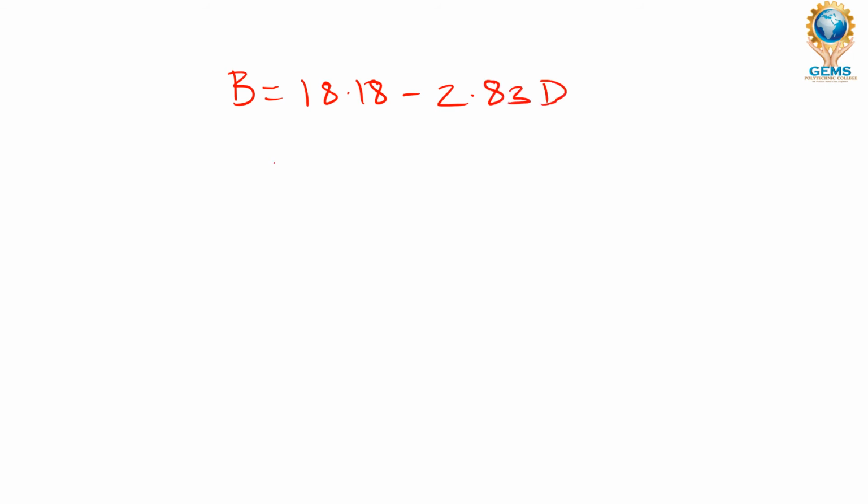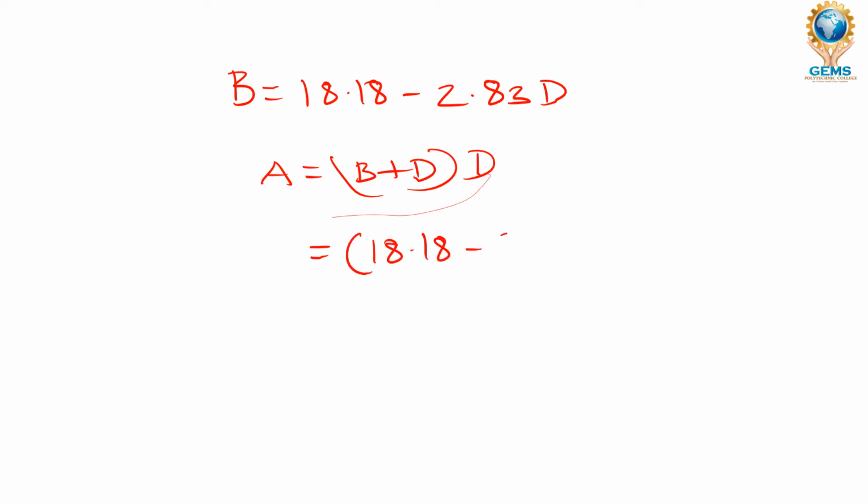Then you know what the A value is, which is b plus d into d. You are going to substitute the b value here, that is 18.18 minus 2.83 d plus d into d.